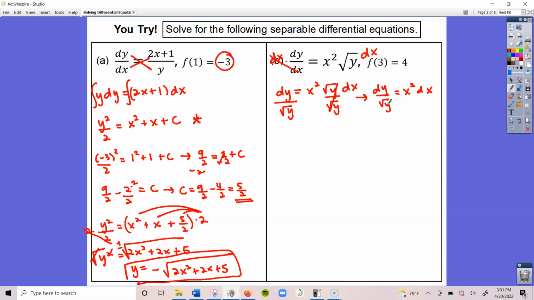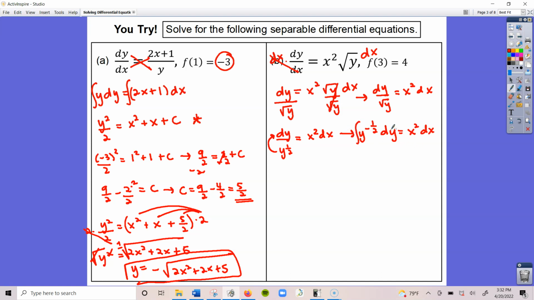Now if I rewrite this again so that I can write the exponent for the square root, this is dy over y to the 1/2 is equal to x squared dx. And then in order to integrate, I'm going to have to bring up the y. So that means that that exponent is now going to become negative. So it's y to the negative 1/2 dy is equal to x squared dx.